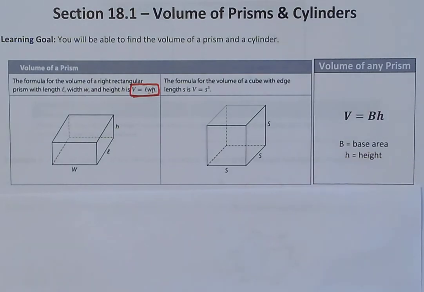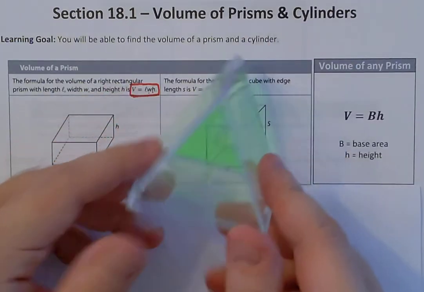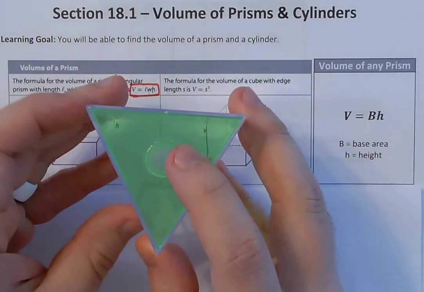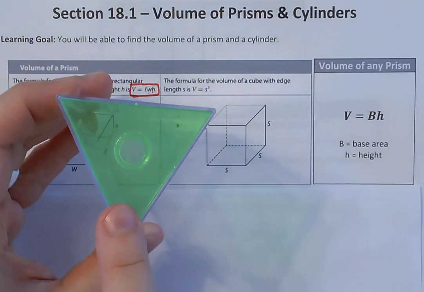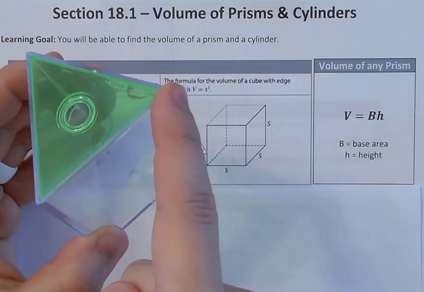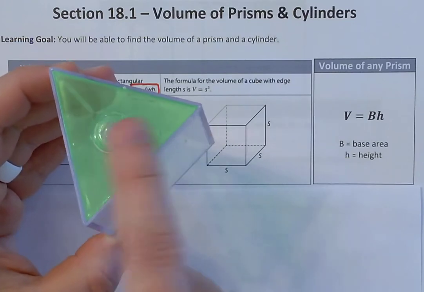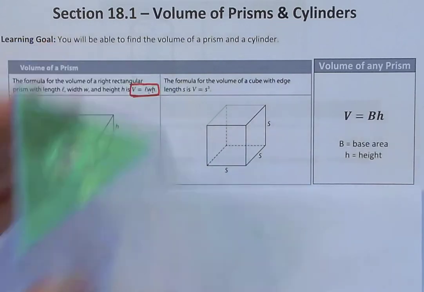If we are talking about a triangular prism, it has a triangle as its base. So you have to figure out the area of this triangle, and then you figure out the height of the prism. So you find the area of the triangle, this green part, and then you multiply it by the height of the prism.